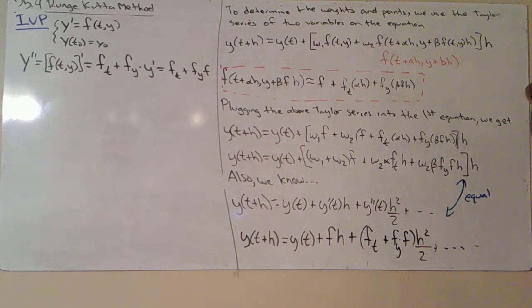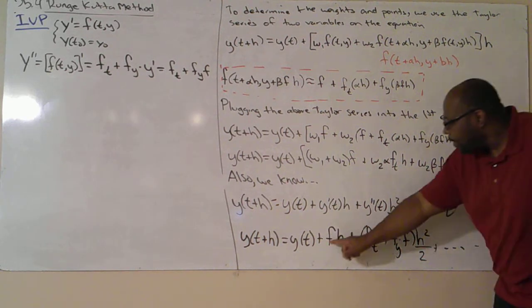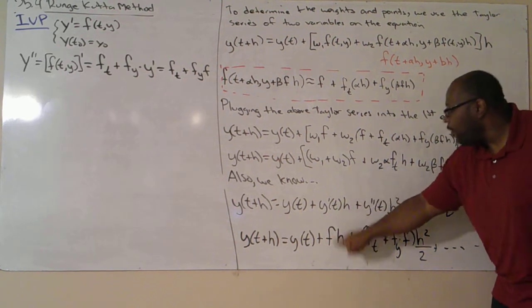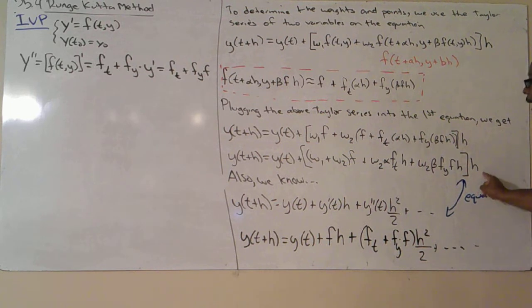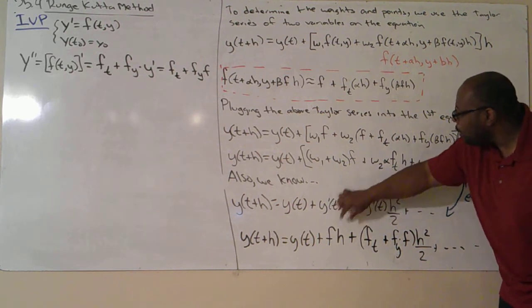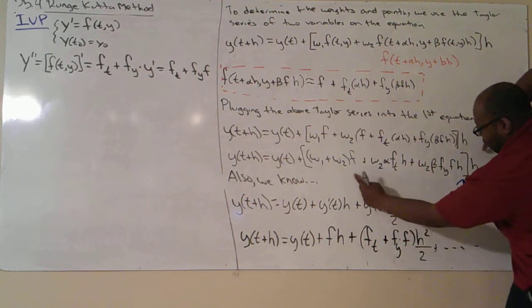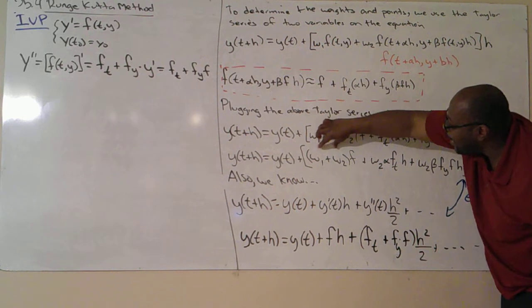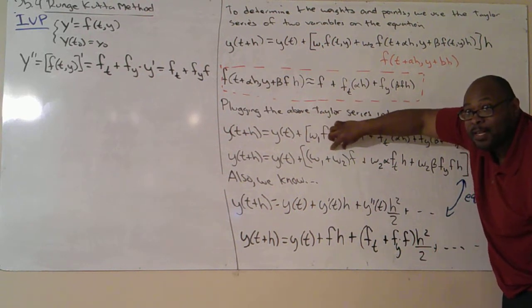Now I want you guys to notice something. You're like, well, Dr. Wesley, f, f. You guys see it, right? F, f. And then I have this h on the outside that's going to multiply times this h. So this is really f h. I have an f h there. And what's in front of f h? I have W1 plus W2 in front of this f h.